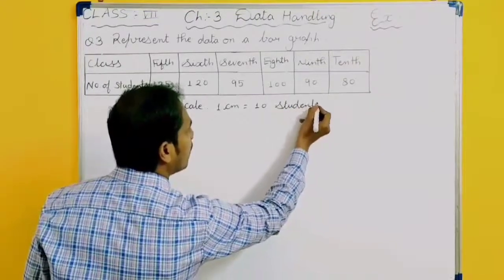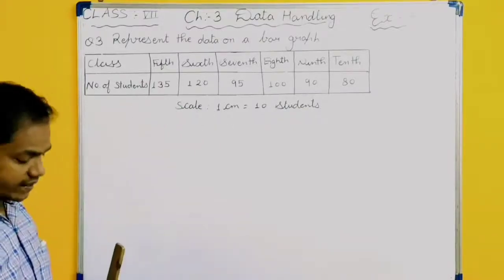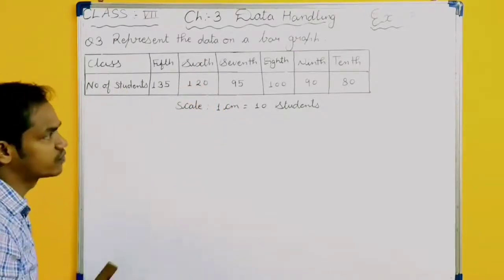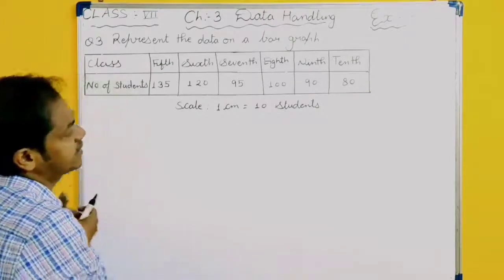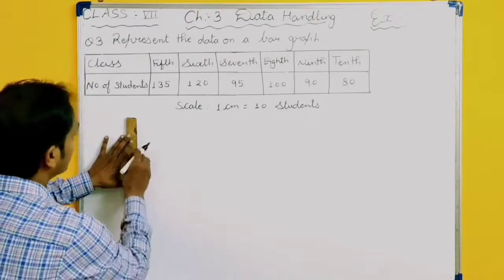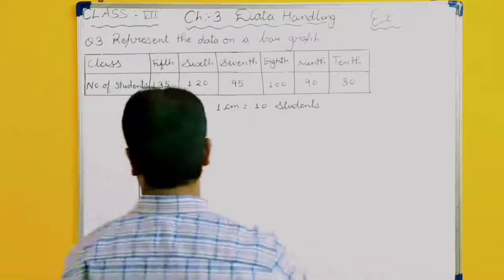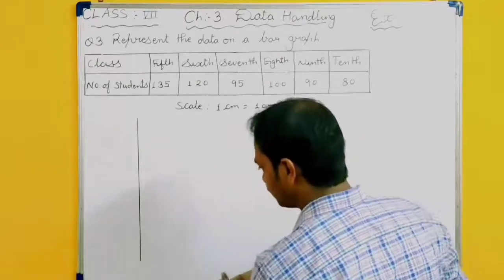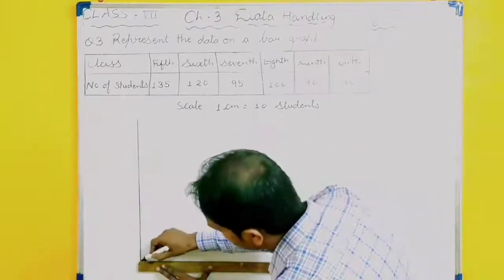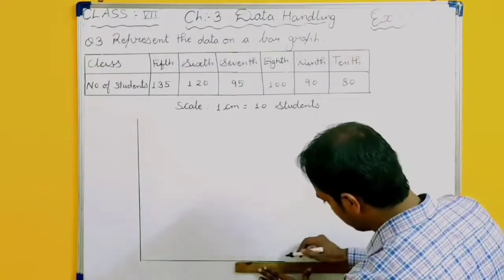Now the second thing: what will you measure on your x-axis and what on your y-axis? On the x-axis I will measure class and on the y-axis I will measure number of students. First of all I will draw the y-axis and the x-axis, a straight line.